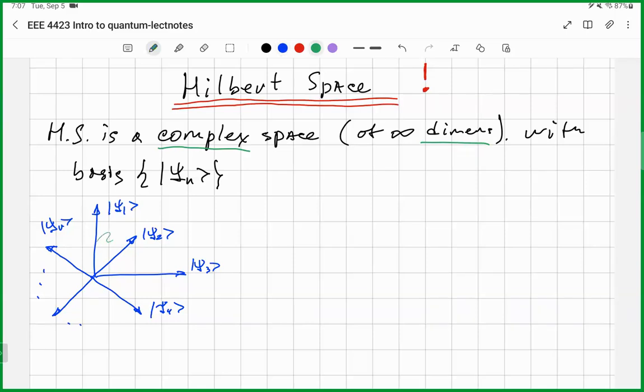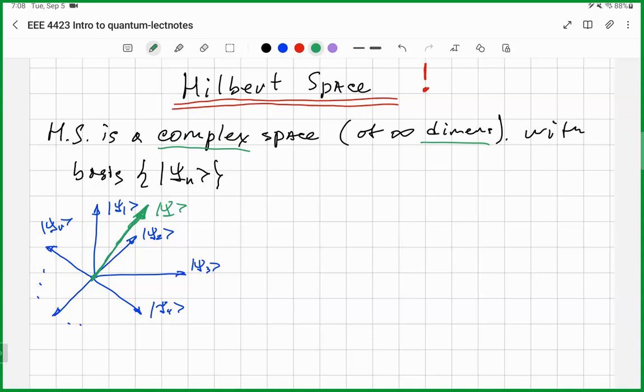And when we introduce this space, any vector in this space, we follow the tradition in quantum mechanics and denote this vector psi.